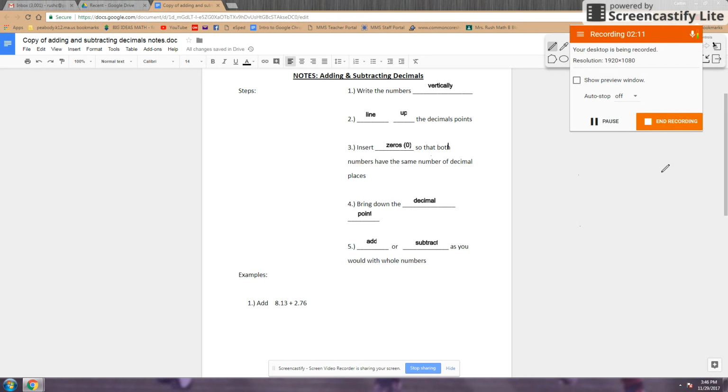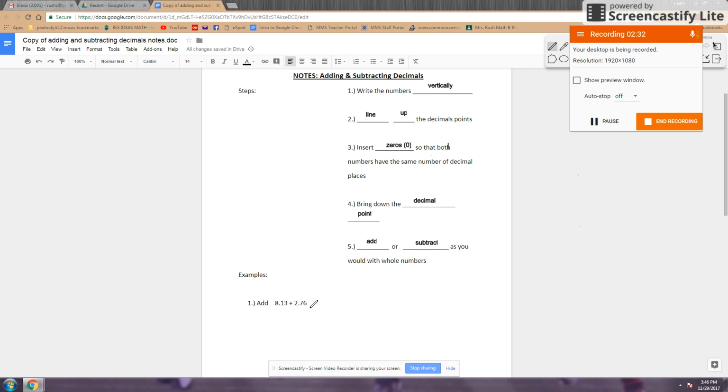All right, so now we're going to try example 1. And I'm going to try to write it out with this handy little pencil. We'll see how it goes. And again, you're copying the example with me as we go through it, or right after I do it. I'll leave it up. Okay, so my example says we're going to add 8.13 plus 2.76.